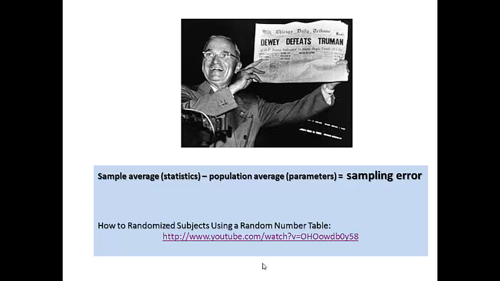So again, most of the time in outcomes research, we will get a convenient sample, but if at all possible, we want to do randomized sampling, or one of the methods that we've just talked about, so that when we look at that p-value, we know that it is legitimate.